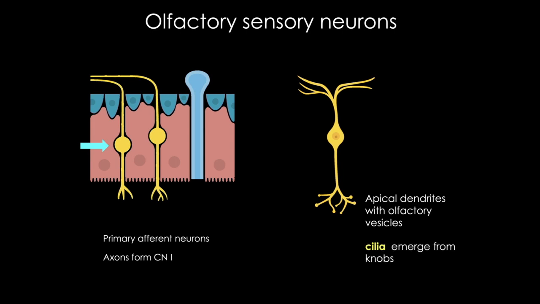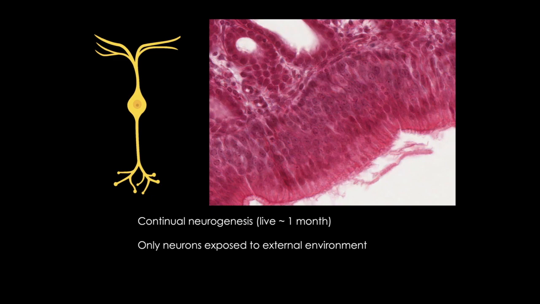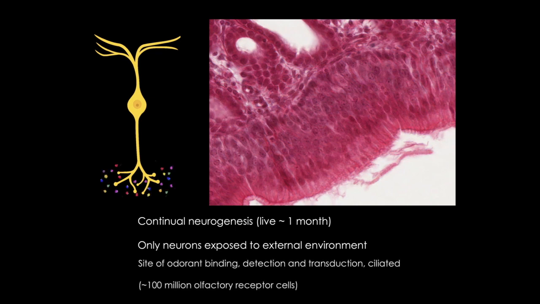And then the axons themselves, these single axons, group together in bundles called fila that eventually form the olfactory nerve or cranial nerve 1. Now, these neurons are the only neurons in the body that directly contact the outside environment, and their cilia on these apical dendrites are the site of odorant binding, detection and transduction.